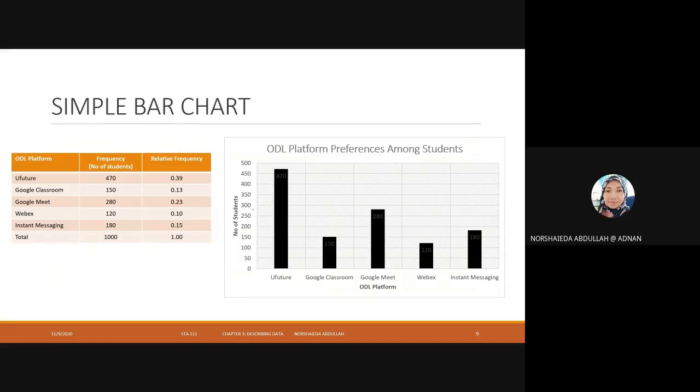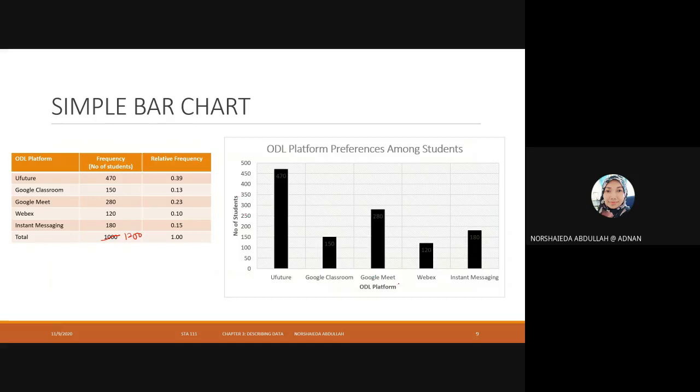From the data yang ODL platform preferred, so this is 1,200. Okay, so from this data, we can present it as a simple bar chart. Kita just ada one variable. The variable is the platform.